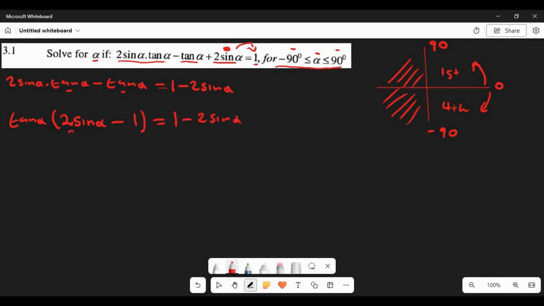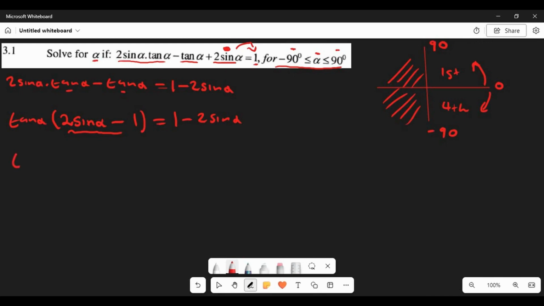When I look at this bracket, we have 2 sine alpha minus 1. On the right hand side we also have 1, but this time it is positive, and 2 sine alpha is negative. So we need to manipulate either the left hand side or the right hand side. The best way of doing this is just to multiply one side by negative 1. So I will multiply the right hand side by negative 1.